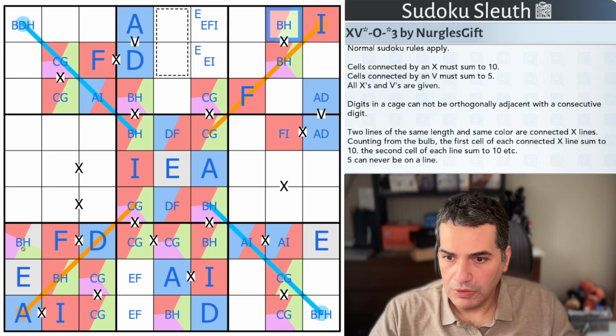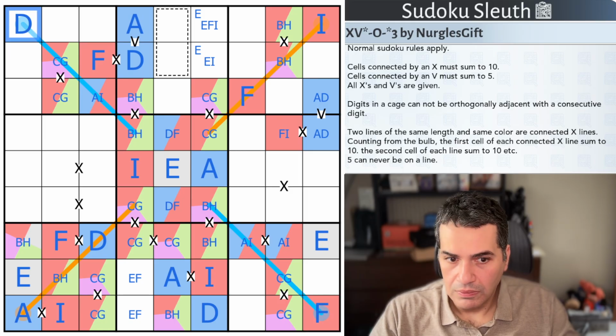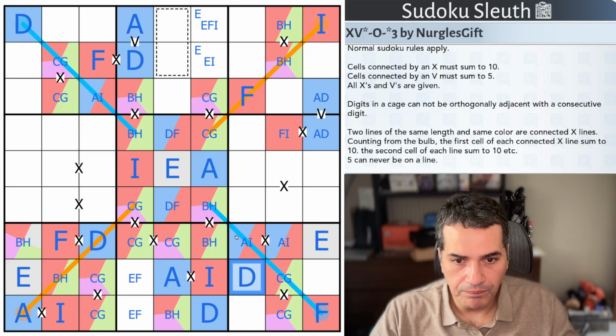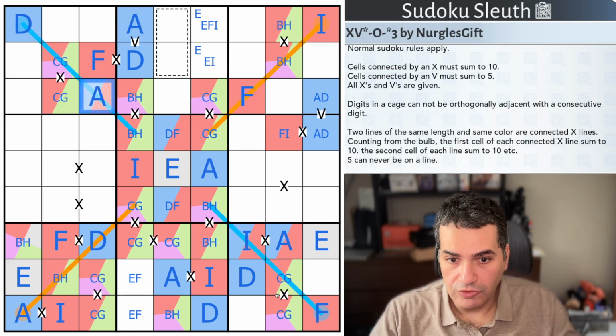Now you can see the purple and non-purple B and H. This has to be D. This has to be F. D is in one of these 2 cells. Good to know. In fact, D is not here, because that's both A and D. D can only be there. Therefore, that can't be A. That's I. That's A. That's A to add up to 10 in here.